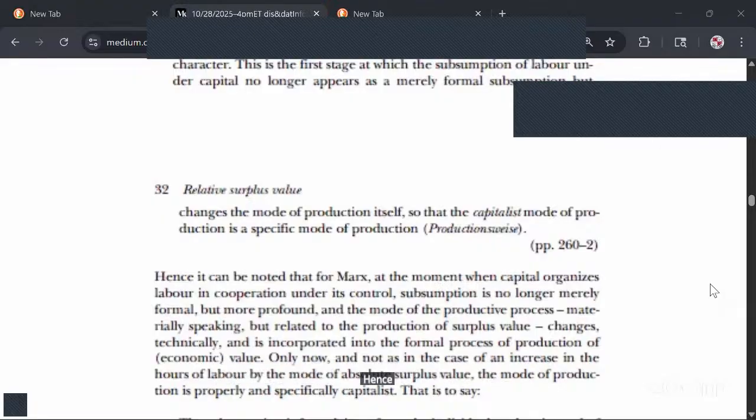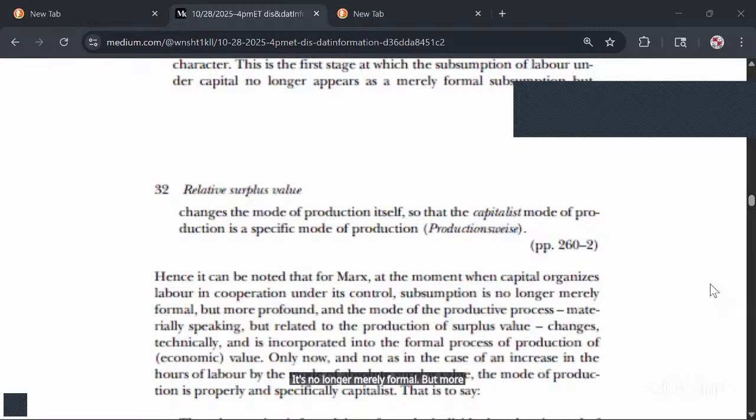Hence, it can be noted for Marx that at the moment when capital organizes labor in cooperation under its control, subsumption is no longer merely formal, but more profound, and the mode of the productive process, materially speaking, but related to the production of surplus value, changes technically, and is incorporated into the formal process of production of economic value.